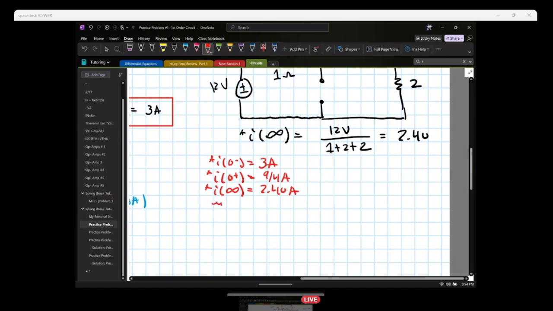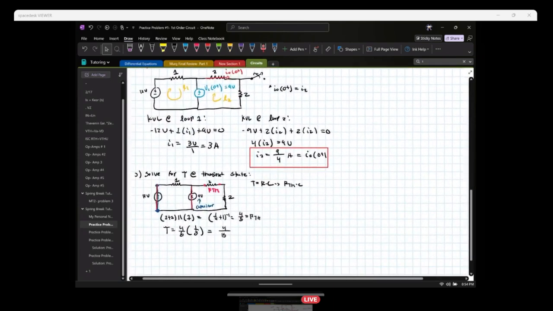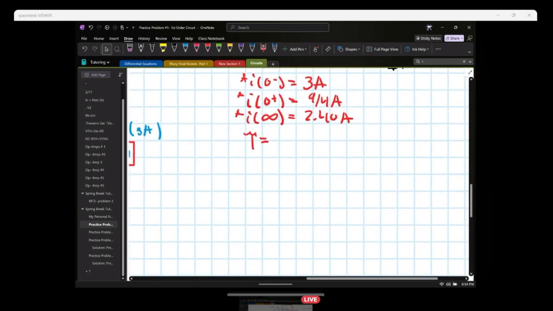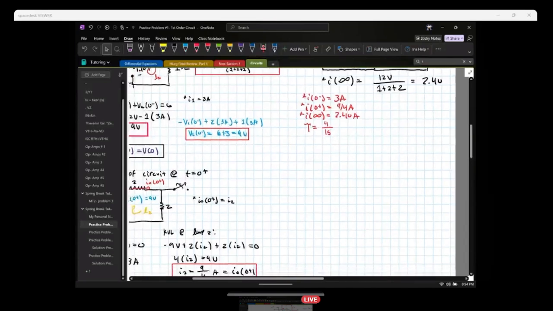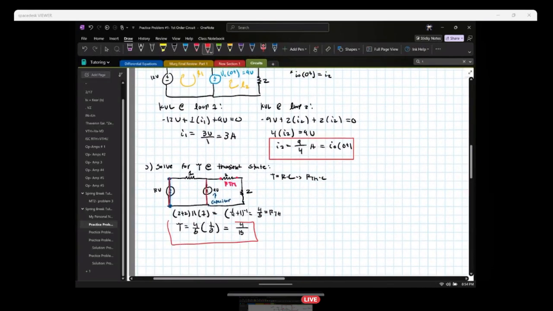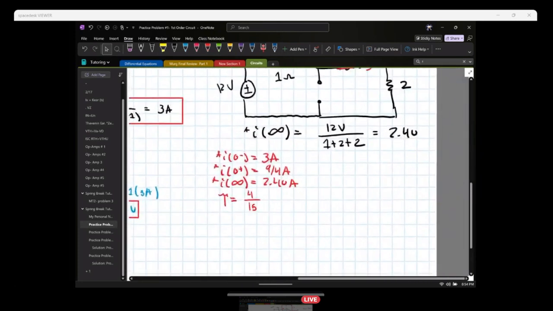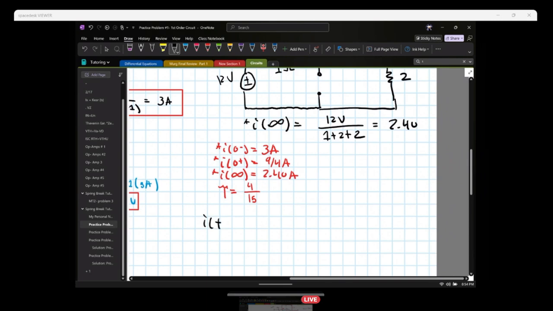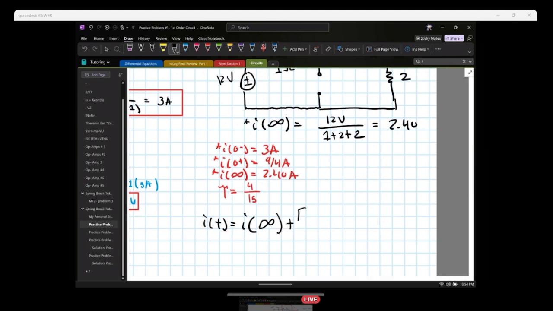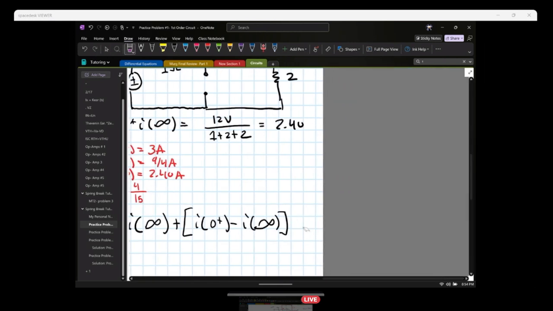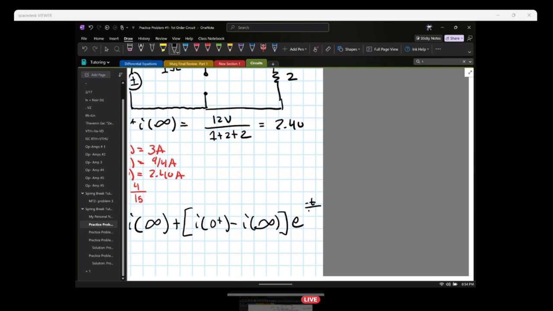And then we have tau, which is 4/15. Box it off. Okay, so now we can write the general equation. I of t is equal to I of infinity plus I of 0 plus minus I of infinity, times e to the negative t over tau.